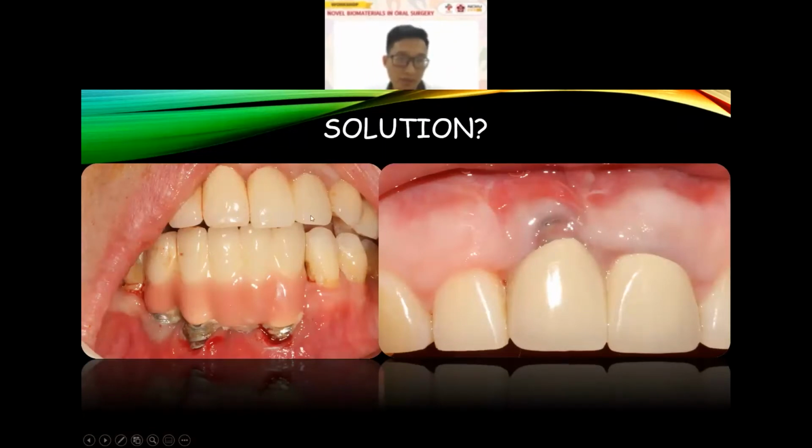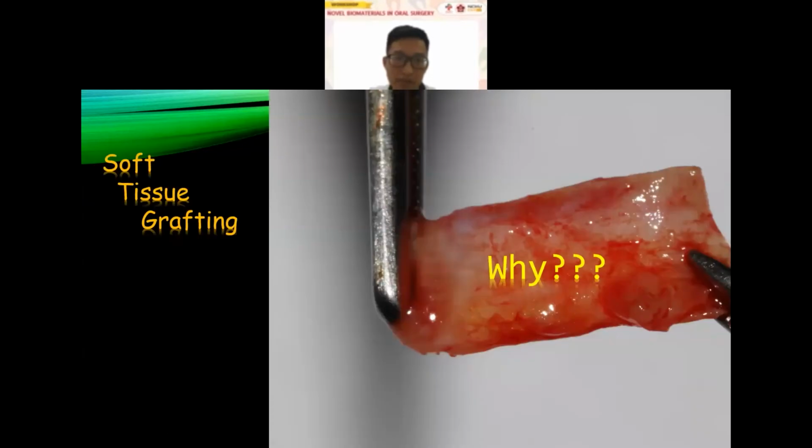The more implants are placed, the more chance we meet scenarios like these two pictures. In the left picture, we can see that the implant surface was exposed and food debris was stuck underneath the prosthetic. The mucosa is swollen and bleeding on probing. In the right picture, you can see a buccal defect in the peri-implant mucosa after making the final prosthetic.